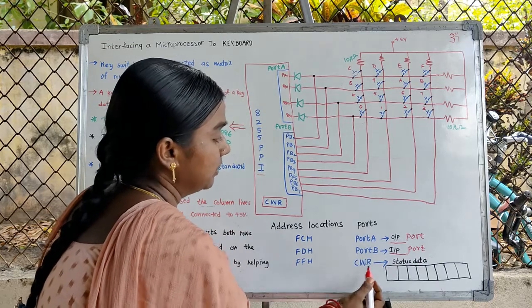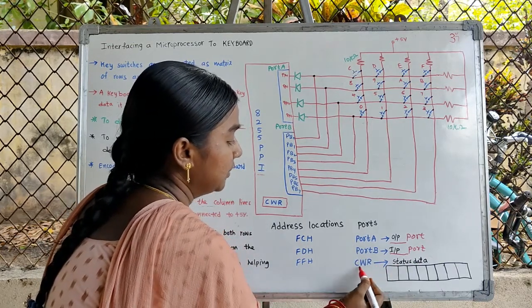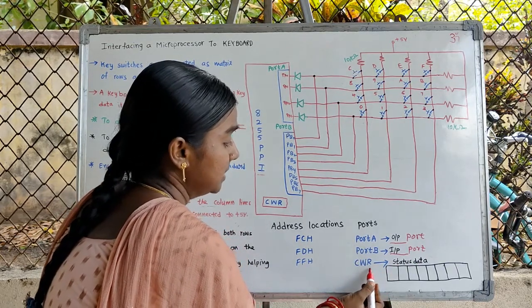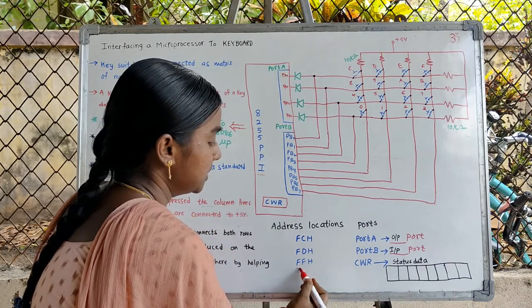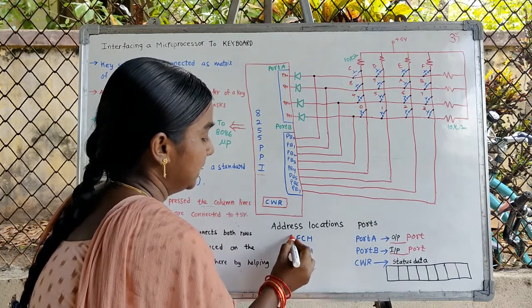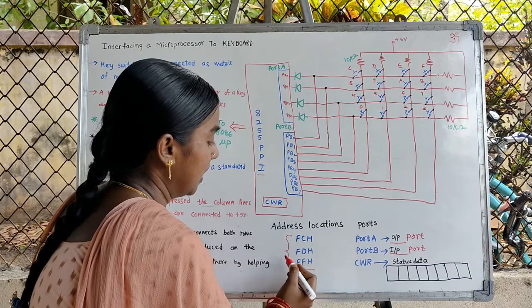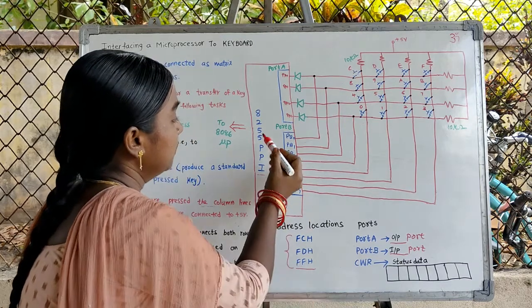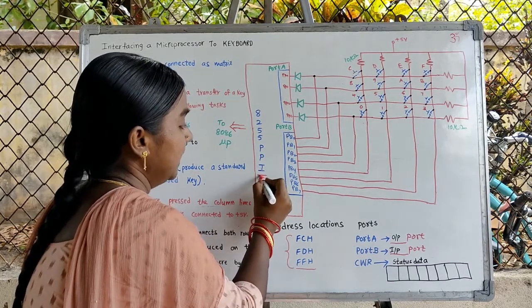And we have to find the data of the control word register, whose address location is FFH. These address locations we already discussed in the 8255 programmable peripheral interface.